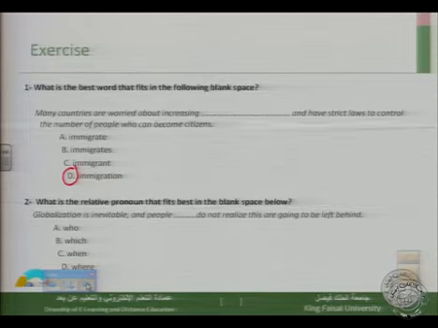The sentence is, globalization is inevitable, and people blank do not realize this are going to be left behind. Here we have who, which, when, and where. We have people here. Which one of these relative pronouns can be used with people? It's A, who, because which is used with things, when is used with time, where is used with place.